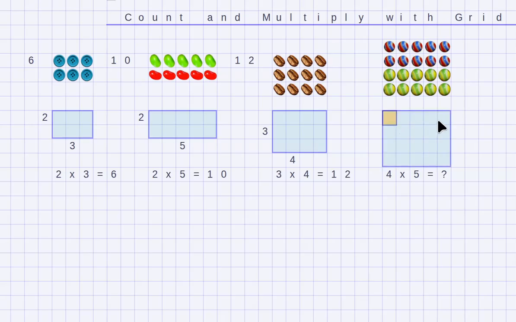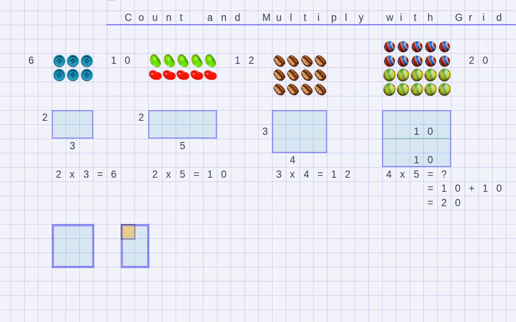If we draw it as a grid, as a box, we have 2 blocks of 10, 4 by 5, and that gives us 10 plus 10, which is 20.